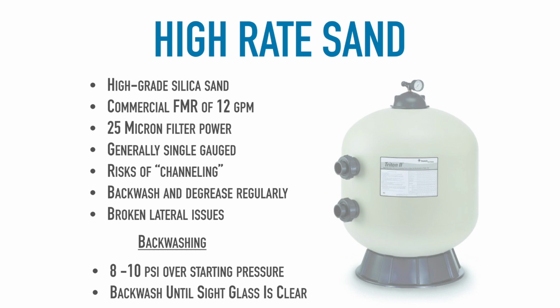They then went on to tell us that cryptosporidia weigh in each at about 4 to 6 microns in size. Well, the majority of us are working with these high-rate sand filters that we're looking at on the slide here. And as we just talked about, these will only filter down to 25 microns. Now here's the problem.